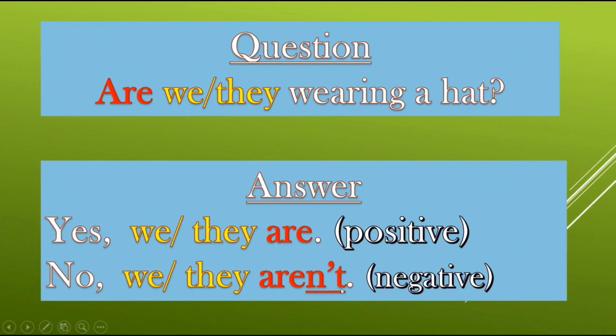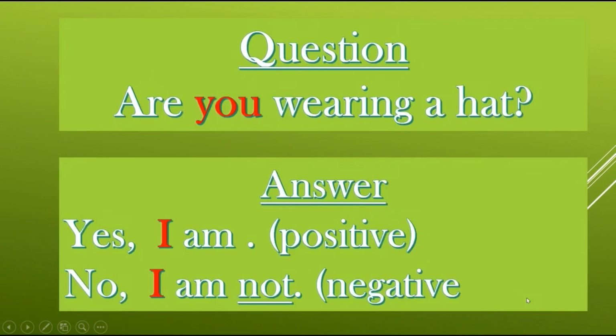No, they aren't. So, yes, the verb should be in positive form. No, the verb should be in the negative form. So, you have to look at the question word, if it's are. So, your answer here is are and aren't. Okay, let's go to the next question.